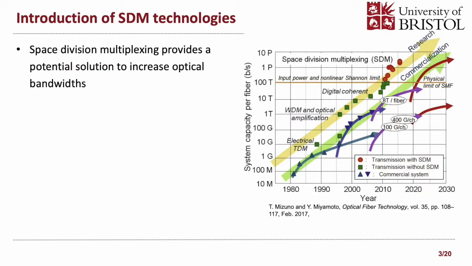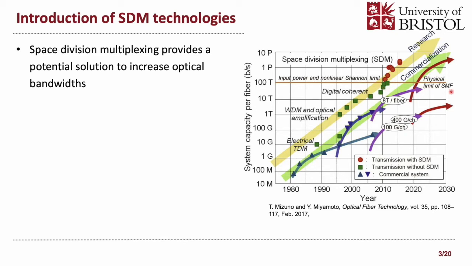So here is a figure that shows the development of optical capacities, and we have witnessed several key innovations in optical networks. For example, there is WDM, optical amplification, and the recent digital coherent detection technologies using advanced modulation formats.